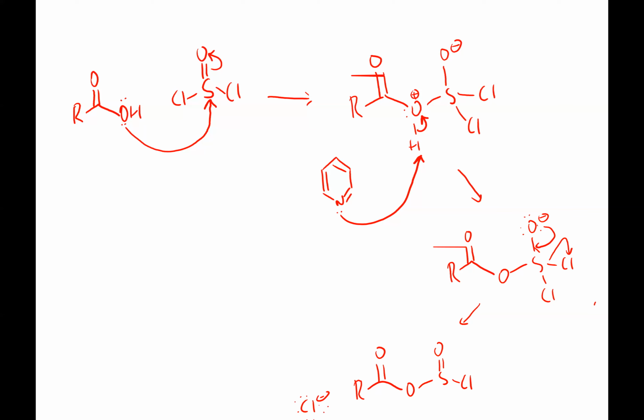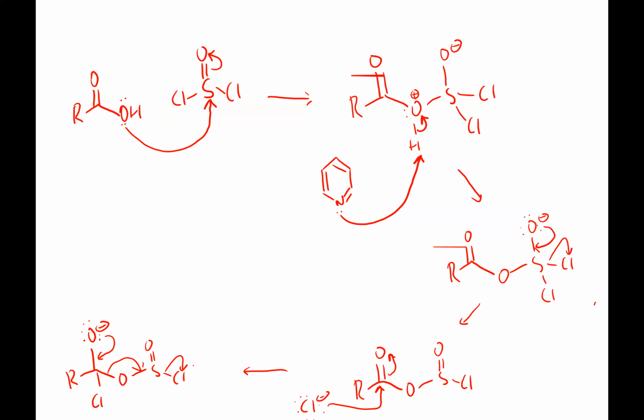So we get nucleophilic attack at this electrophilic carbonyl carbon and form our typical tetrahedral intermediate. So again, this is just another example of the general acyl substitution reaction. We reform the carbonyl and kick out the leaving group.